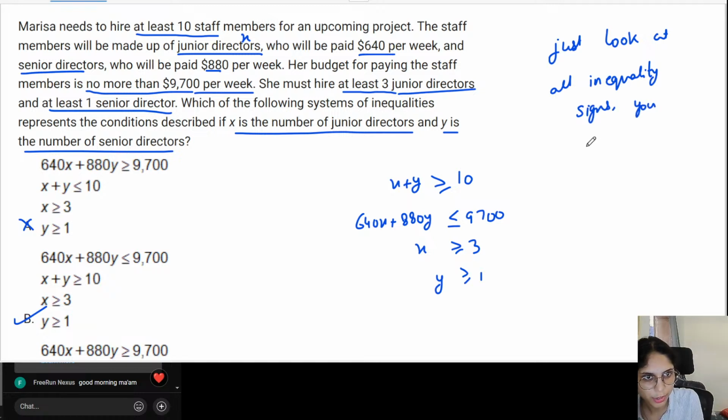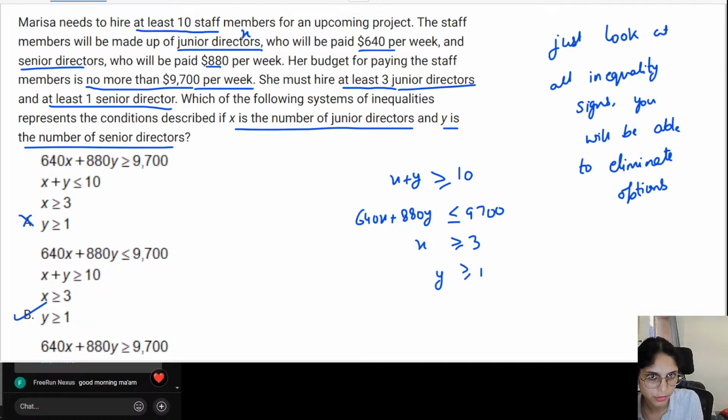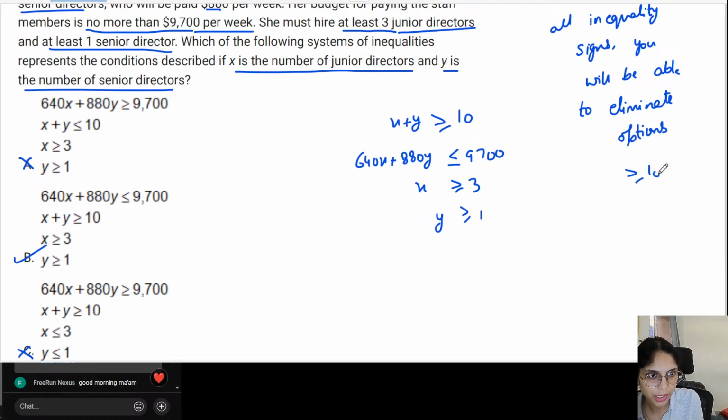You will be able to eliminate options. Okay, greater than or equal to 10, less than or equal to 9,700, greater than or equal to 3, greater than or equal to 1. Only one option is having all those signs.